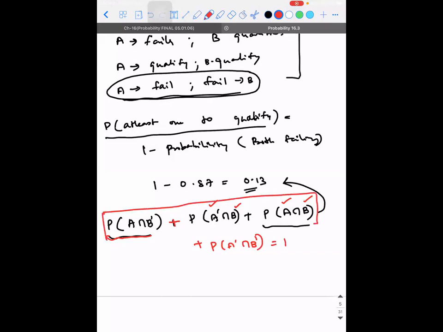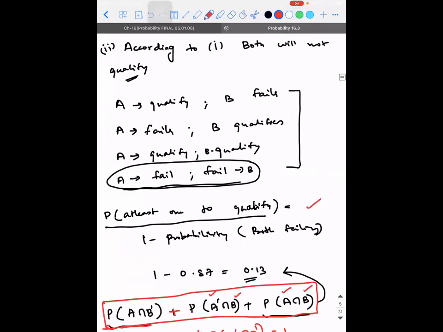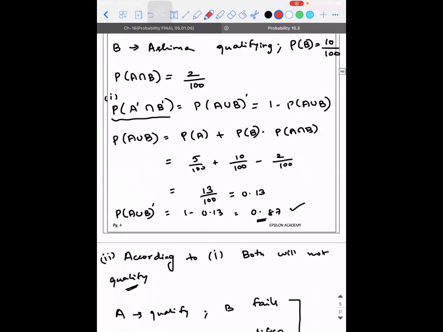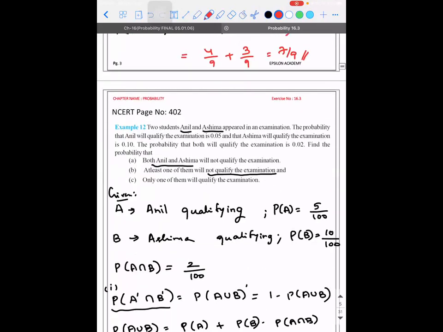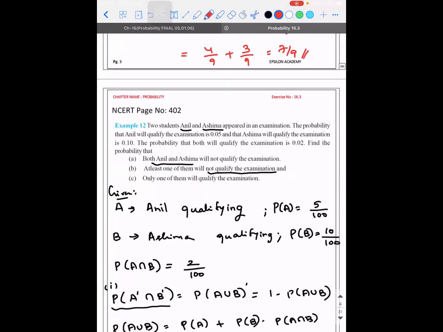This statement is the one where we say at least one of them qualifies. At least one of them means 1 minus this thing. That is why I wrote the statement like this. Okay, sir, I got it. Next. Probability that only one of them will qualify. So if A qualifies, B should fail. If B qualifies, A should fail.